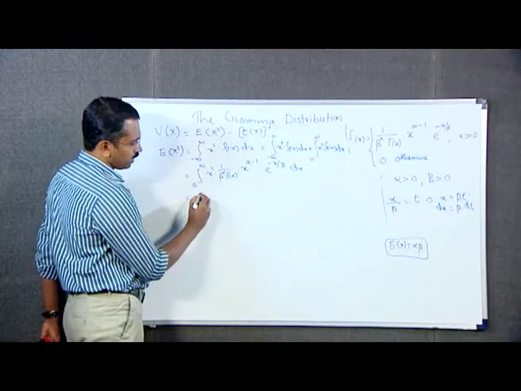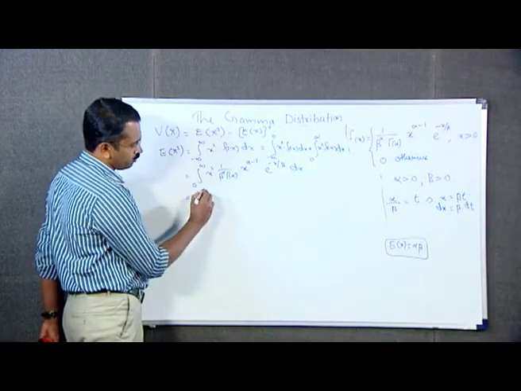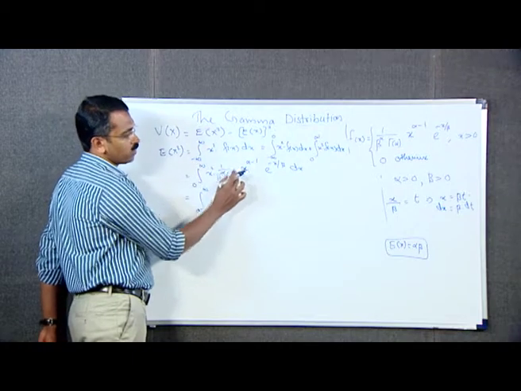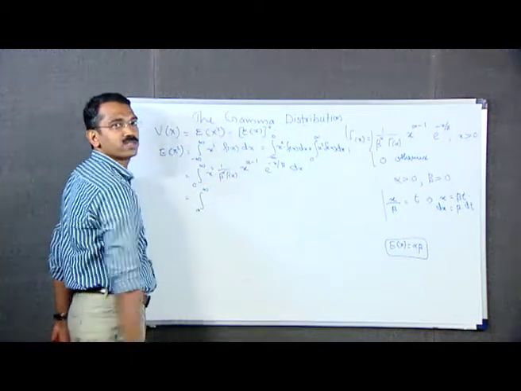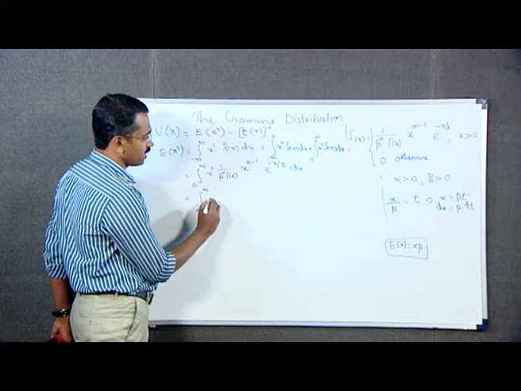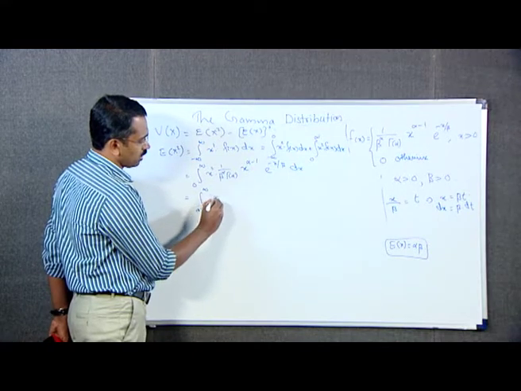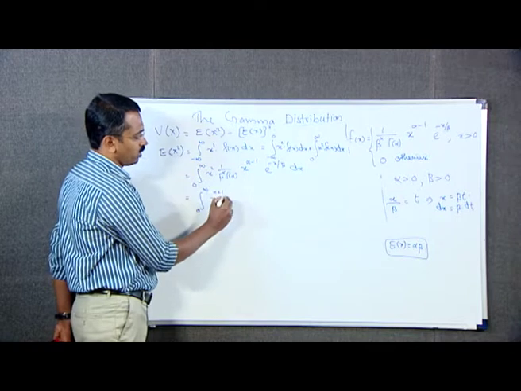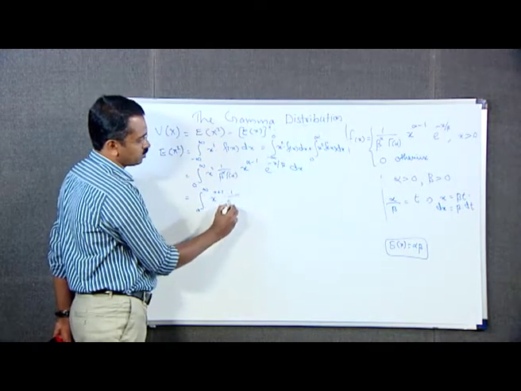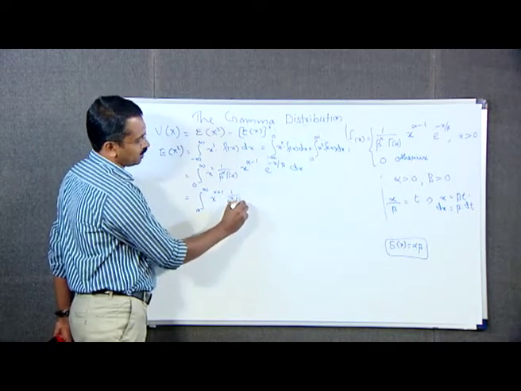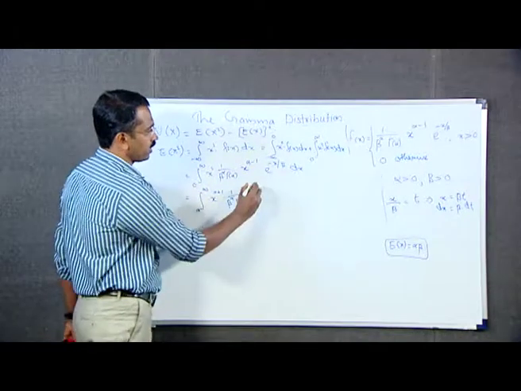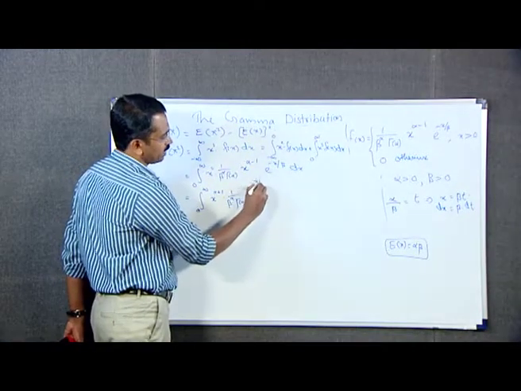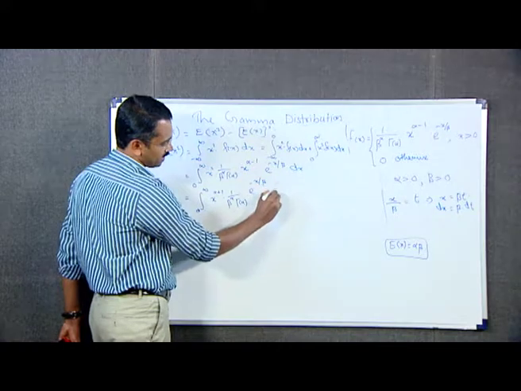This is equal to integral from 0 to infinity x square into x raised to alpha minus 1, which means x raised to alpha plus 1, into 1 by beta raised to alpha gamma alpha e raised to minus x by beta dx.